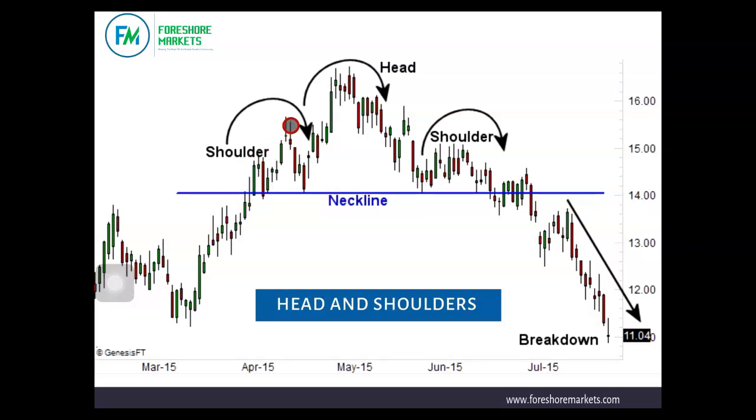You can see that the head and the shoulders form two supports. You have one here, you have another one here. This support here went up and formed the head. This support here went up to form the second shoulder.